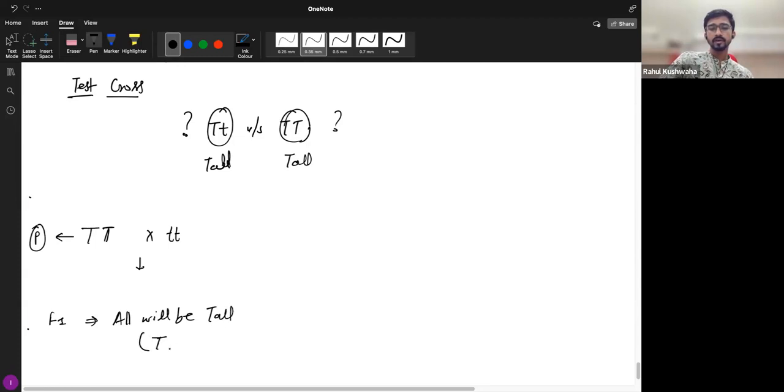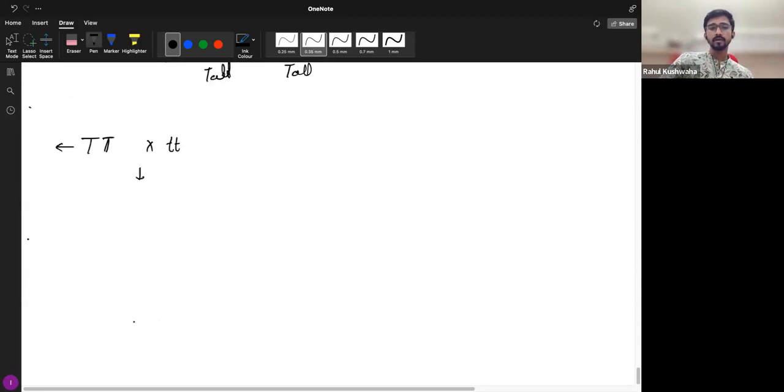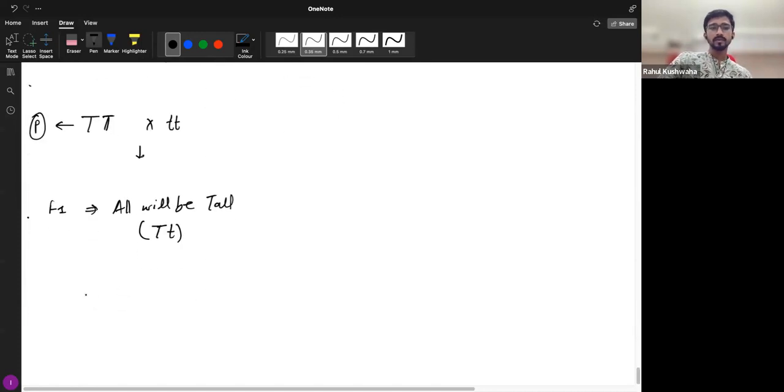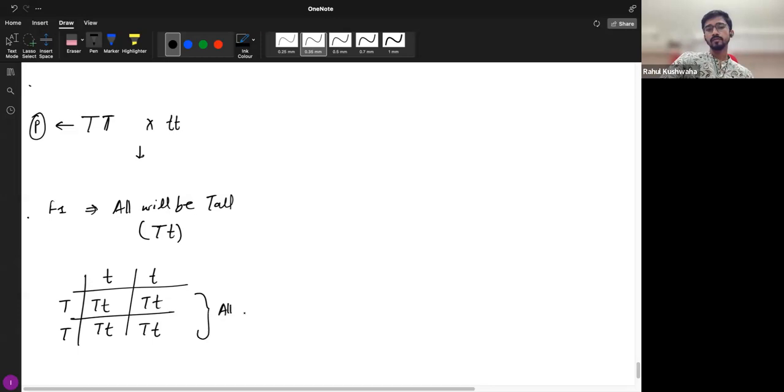And everyone's genotype will be capital T, small t. How is this happening? Let's make a Punnett square to understand this. Capital T from one parent and small t from other parent. So all the progenies will be capital T, small t, capital T, small t, capital T, small t, right? So all will be tall.